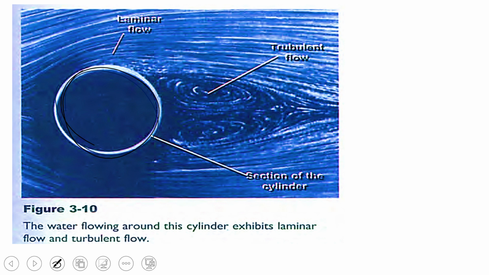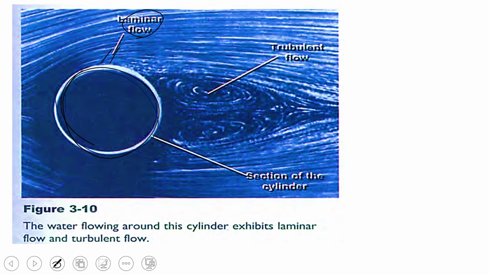Look, this region is called laminar flow. Laminar flow means regular flow. The water's movement is regular, not random. It means the water direction is a straight line, regularly, not randomly.